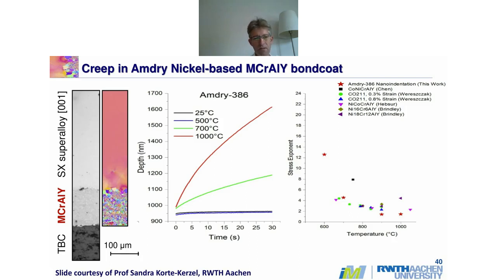If you believe the analysis, you can determine stress exponents from this data, and notwithstanding whether you're really in secondary state creep or not, you can nevertheless determine stress exponents that are quite close to other test techniques at high temperatures, as shown there by the stars on the right.